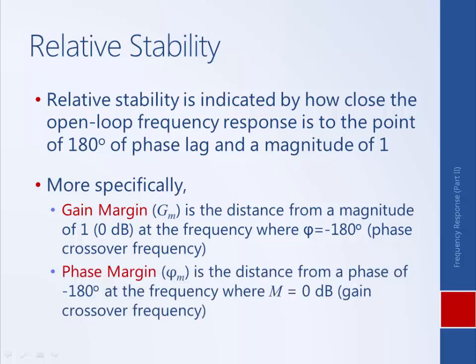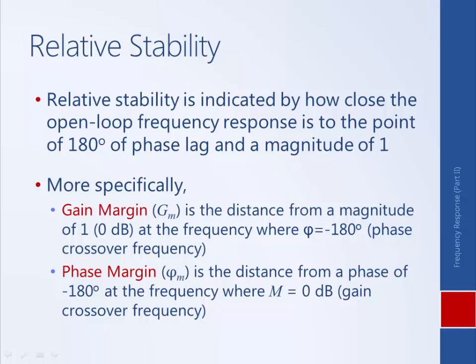The second quantity is phase margin. And so at the point at which we have a magnitude of 1, at the point at which we've gone from attenuation to amplification, how far away is the phase from the point of being out of phase?